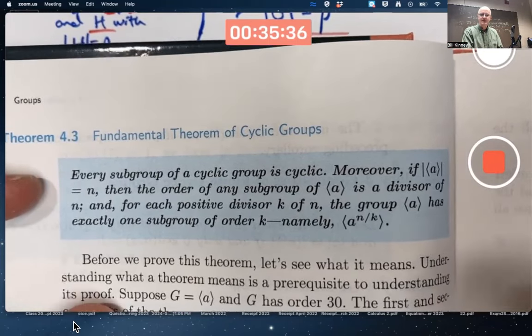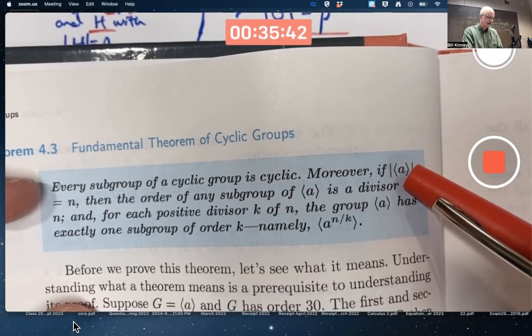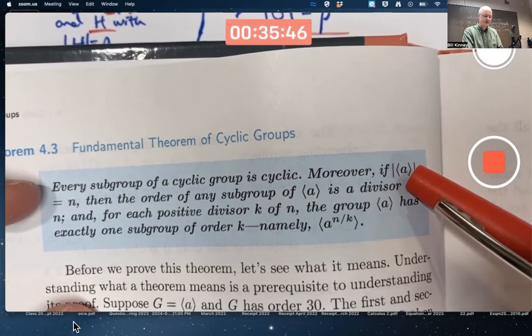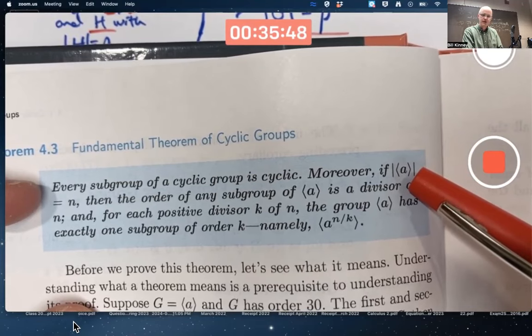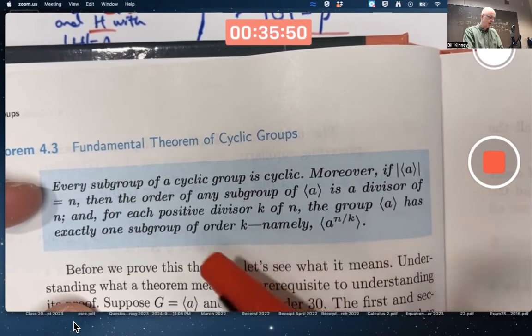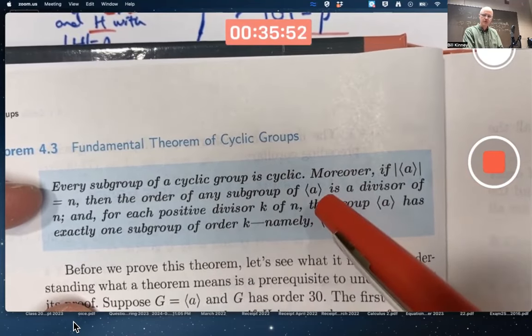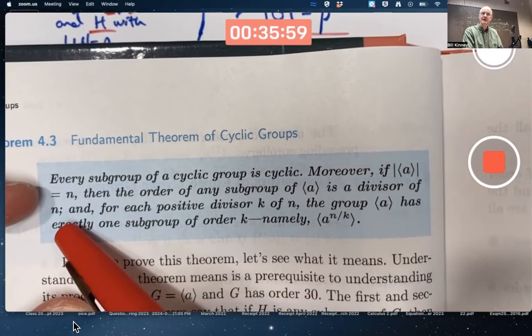Moreover, suppose the order of a given cyclic group, think of that as an arbitrary finite cyclic group, is N. Then the order of any subgroup of that cyclic group is a divisor of N. The order of the subgroup has to divide the order of the bigger cyclic group.